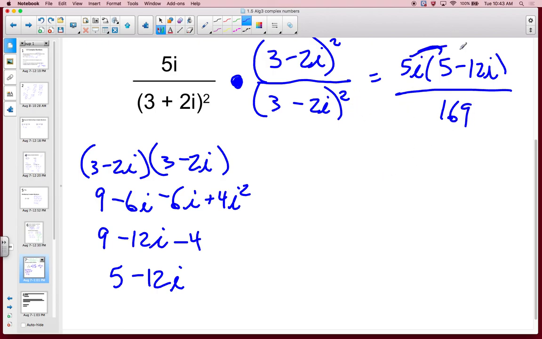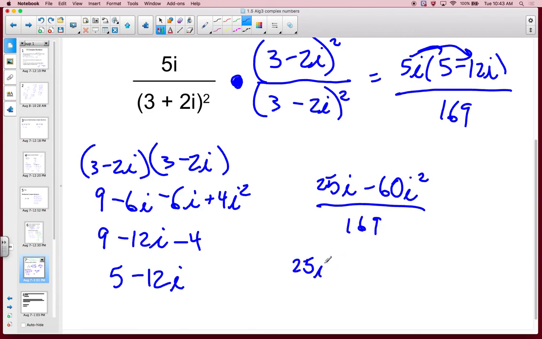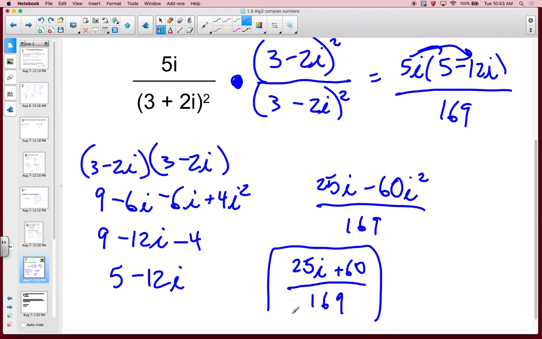Distributing in this 5i here, we get 25i minus 60i squared over 169. That will be a 25i, 60 times a negative 1, so that's a plus 60, all over 169. And there we go. A little long, but not too difficult.